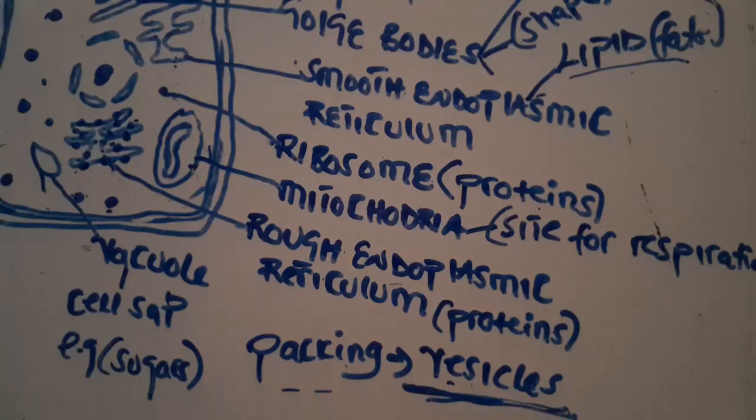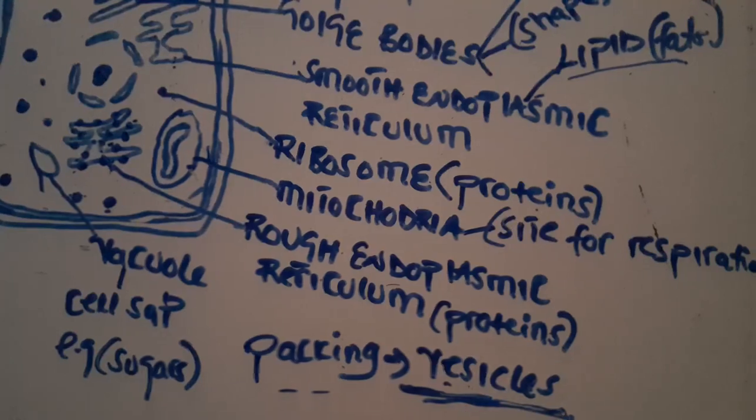So the function of these vesicles is to transport materials. In this case, the vesicles will transport proteins. After the endoplasmic reticulum packs them into the vesicles, the vesicles will transport them to other cells.